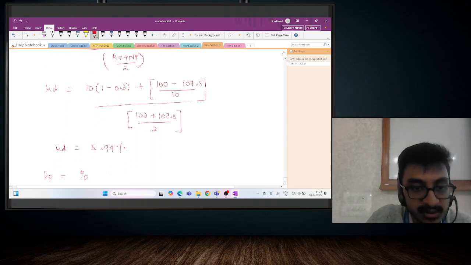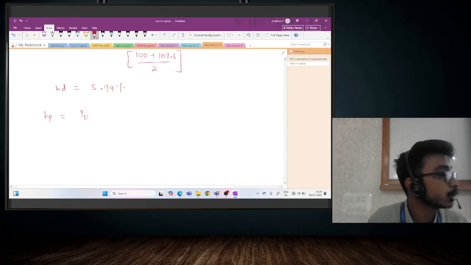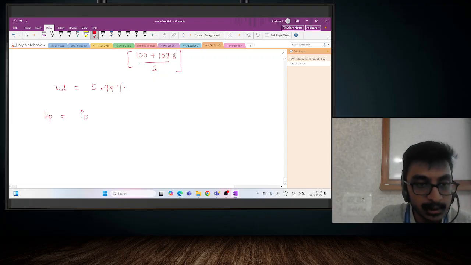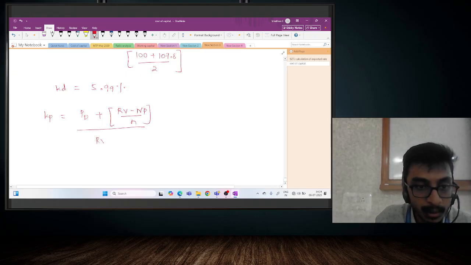But for preference dividend, there is no tax savings for the company. So we should not multiply preference dividend with 1 minus T. So preference dividend plus RV minus NP by N, divided by RV plus NP divided by 2.